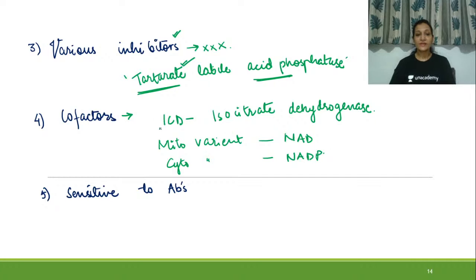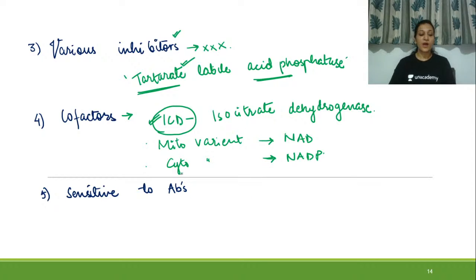So the cofactor required by isocitrate dehydrogenase differs on the basis of its location. If it's a mitochondrial isocitrate dehydrogenase, it will need NAD. And if it's a cytosolic variant, it will need NADP.